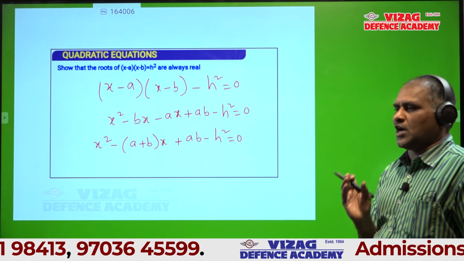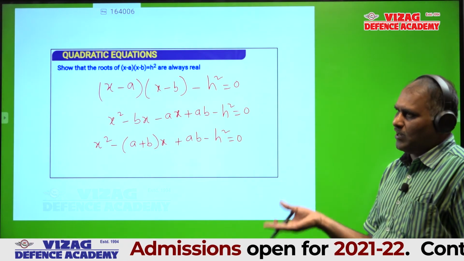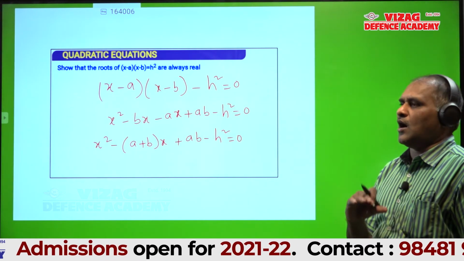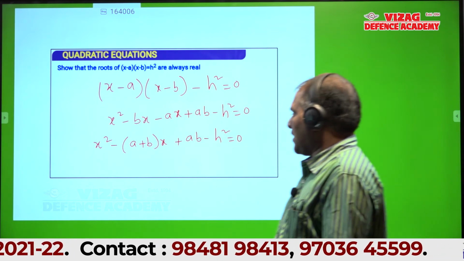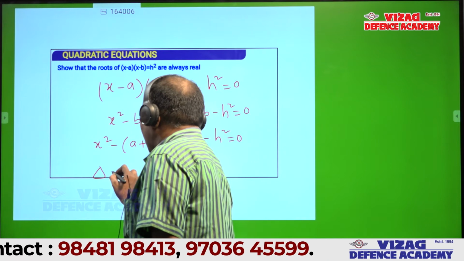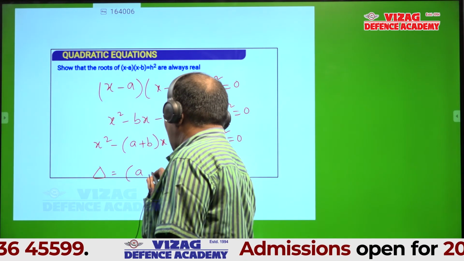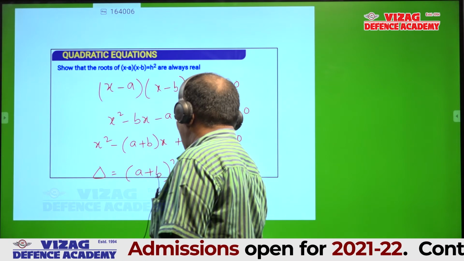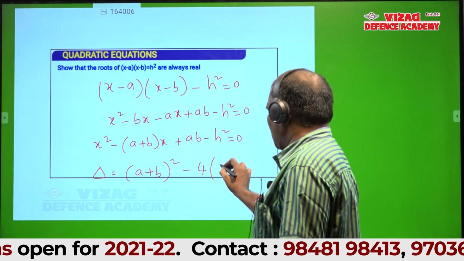But roots are mentioned. What about the roots? Real unequal, real equal, or imaginary? How to decide it? Discriminant. What is the discriminant? b square, that is (a plus b) whole square minus 4, a value 1.